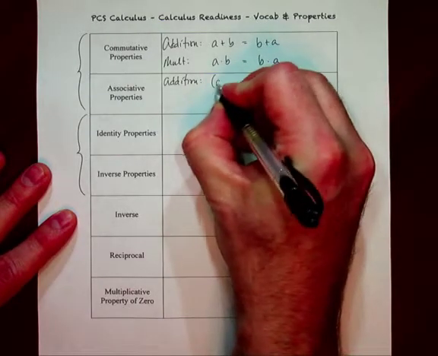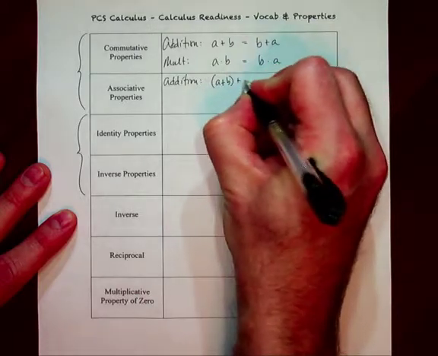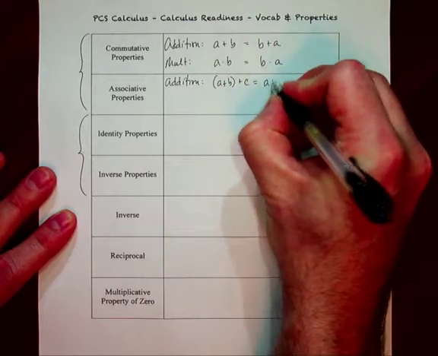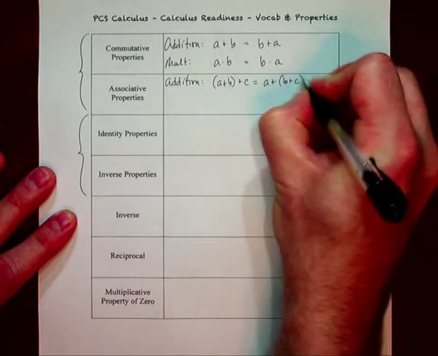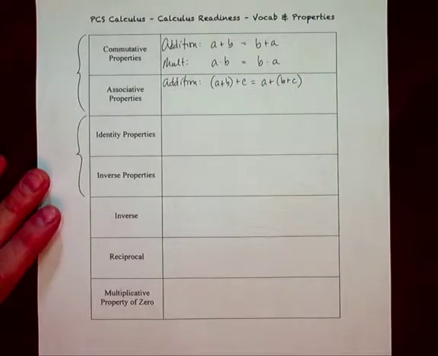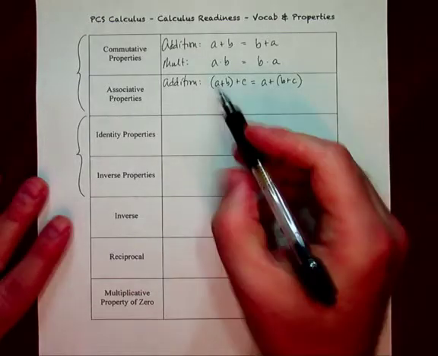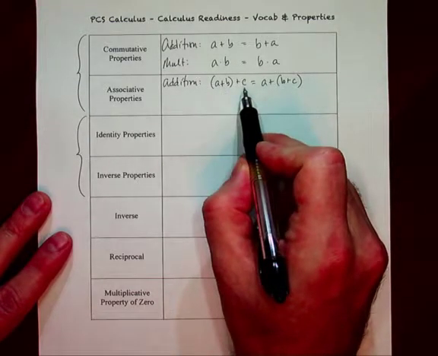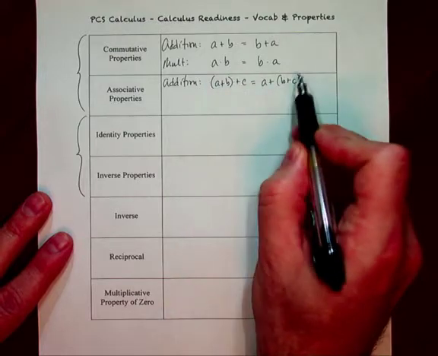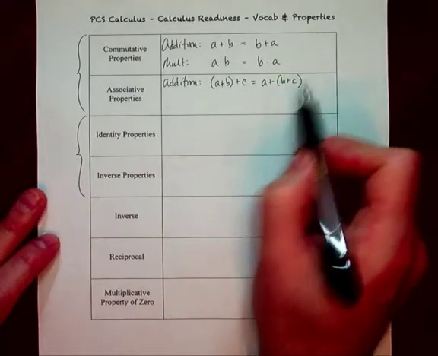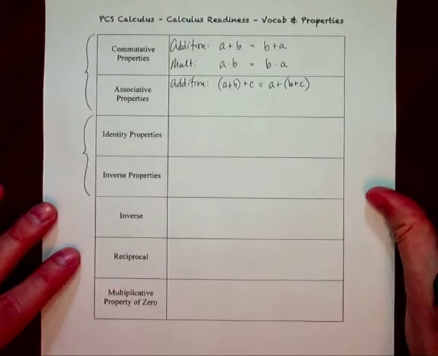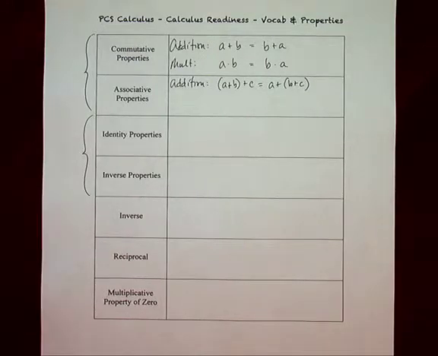If I have (A plus B) plus C is equal to A plus (B plus C), the reason that those are equal to each other is obviously almost the same as the commutative property, because if I have three terms and they are grouped differently, the grouping changes the order of operations and therefore changes the order, right?